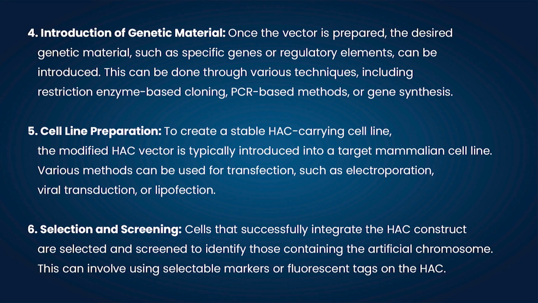After the HAC vector has been constructed, the next step is the introduction of the genetic material. Once the vector is prepared, the desired genetic material such as specific genes or regulatory elements can be introduced. This can be done through various techniques, including restriction enzyme based cloning, PCR based methods or gene synthesis. After that, the next step is cell line preparation.